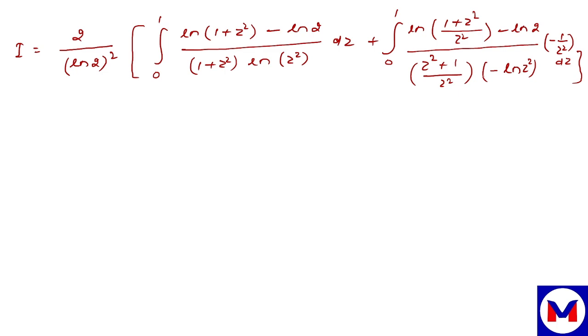The z square becomes cancelled, and from minus minus it becomes plus.